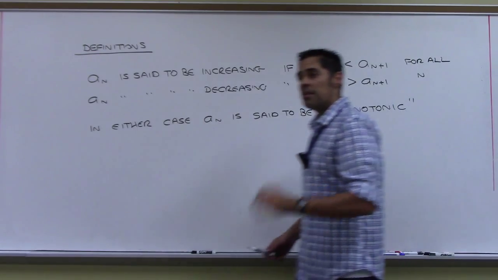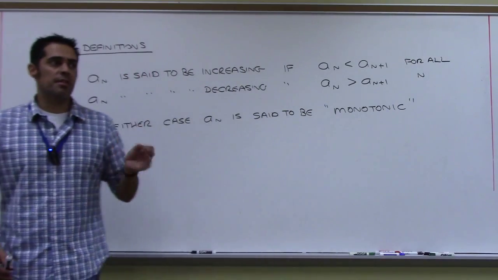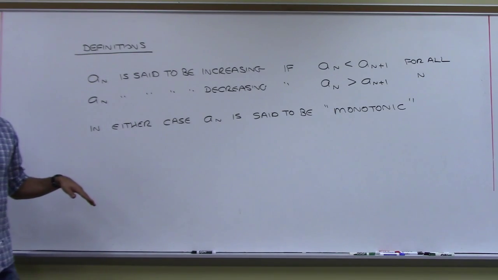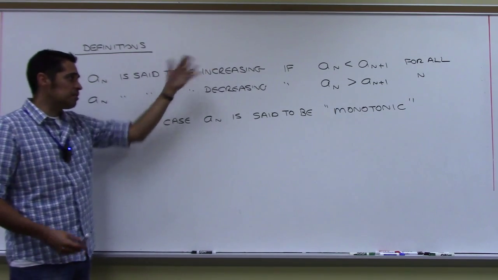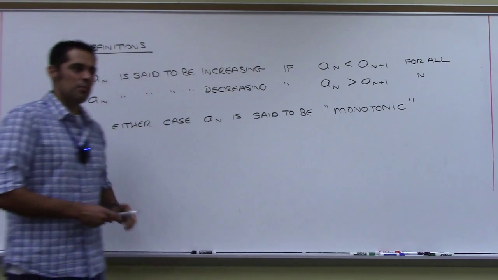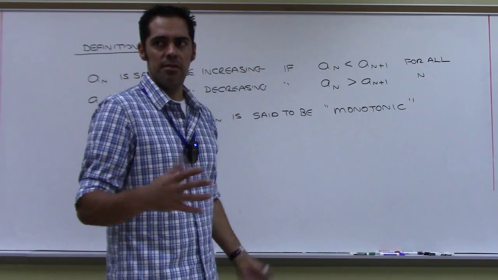So a monotonic sequence is either increasing or decreasing, right? If it's an increasing sequence, we call it a monotonic sequence. If it's decreasing, we call it monotonic. So monotonic doesn't quite tell you which one it is. It just tells you it's one or the other.